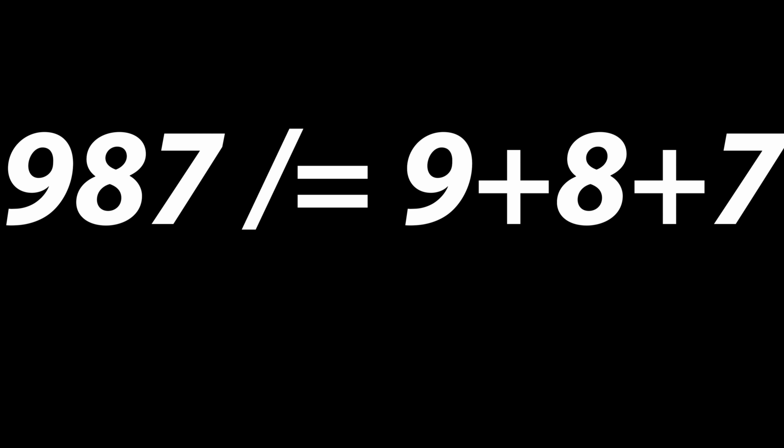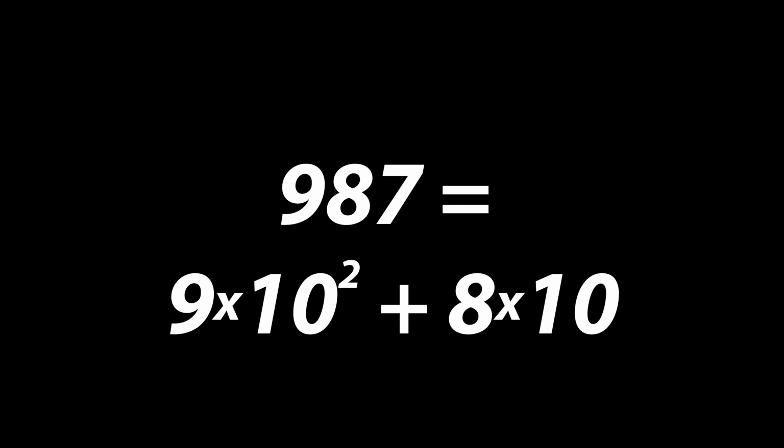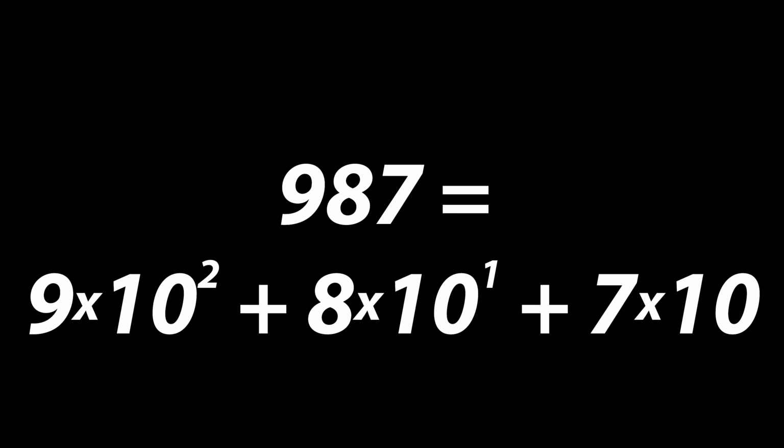Now, just like in our 987 case, 987 is not equal to 9 plus 8 plus 7, it's equal to 9 times 10 to the second power, plus 8 times 10 to the first power, plus 7 times 10 to the 0th power, because we're in base 10, we have 10 digits.